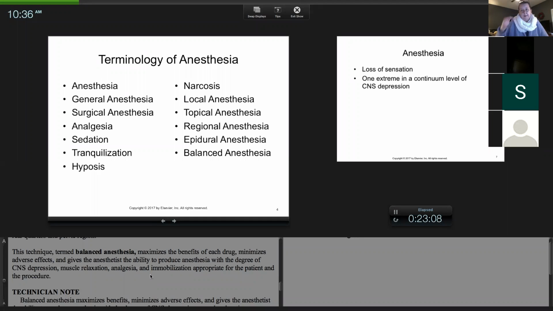So if you keep having to turn up your inhalant, and if any of you are working in a practice and you have a patient you keep turning up and up and up, it means they're feeling something. The better option is to give them a shot of a pain med like morphine, butorphanol, or buprenorphine. And then if you treat their pain, they should be easier to maintain on a lower level of gas.